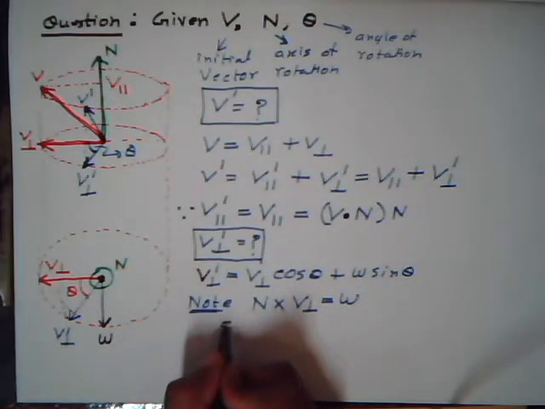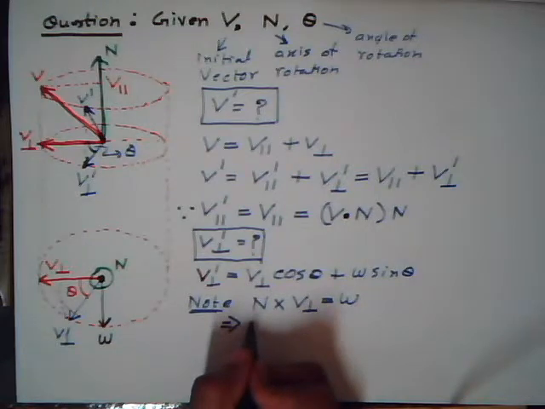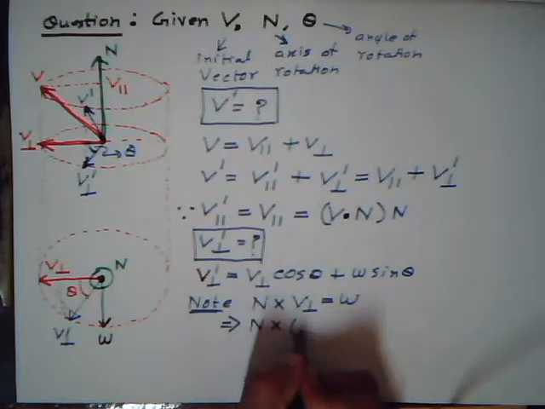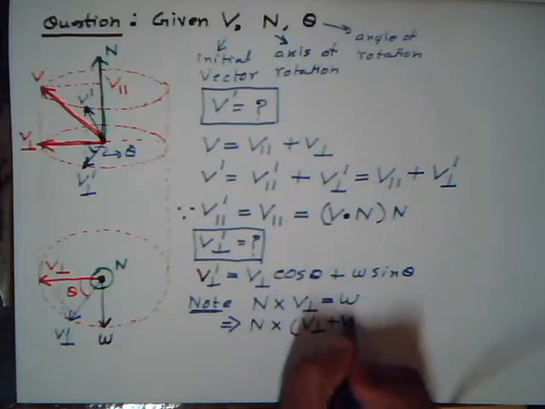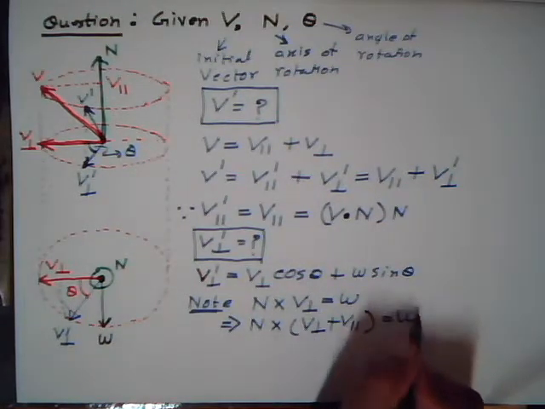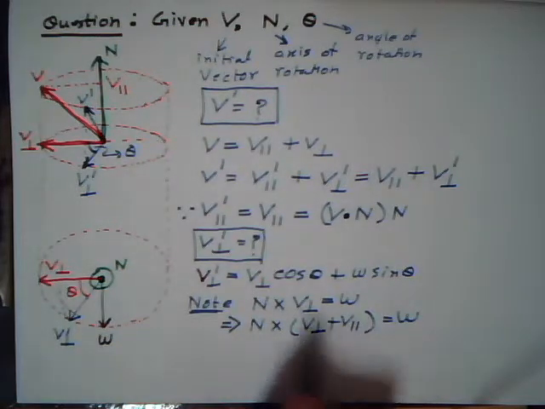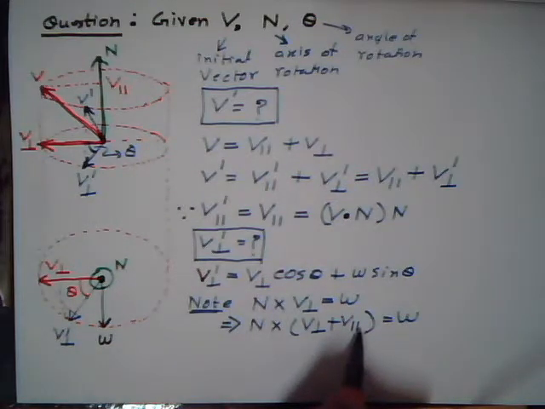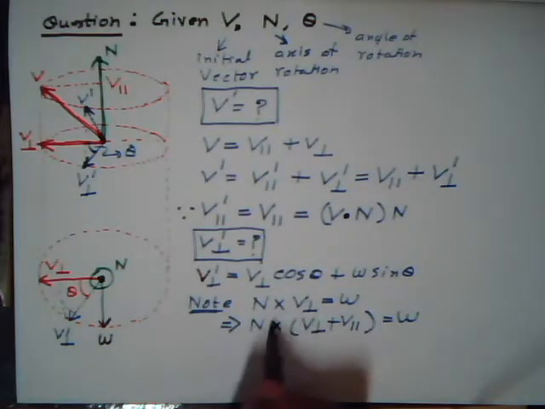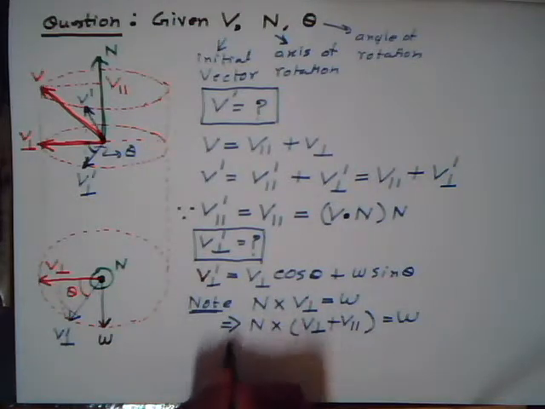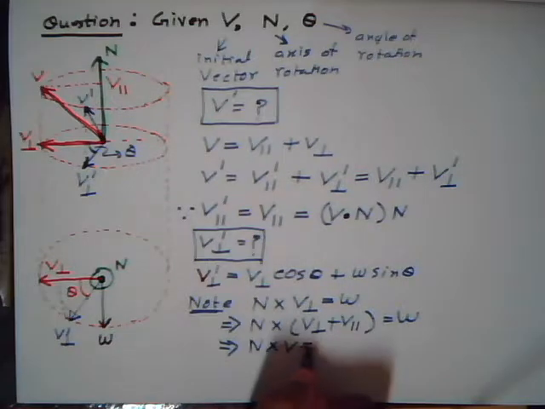Therefore, this implies further that n cross (v perp plus v parallel) is equal to w. Why? Because when I take the cross product of n cross v parallel, they are in the same direction, so the cross product of n and v parallel is 0, and this is the only component that remains. Therefore, I can write that n cross v is equal to w.